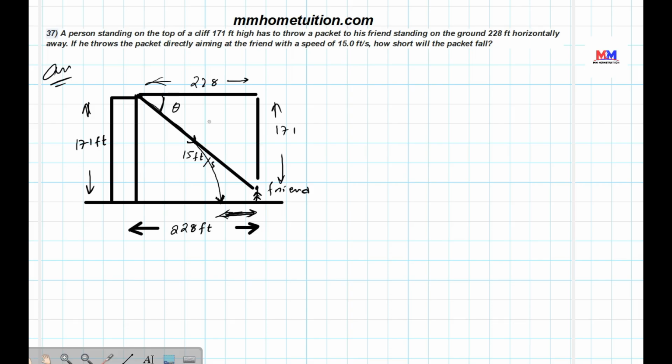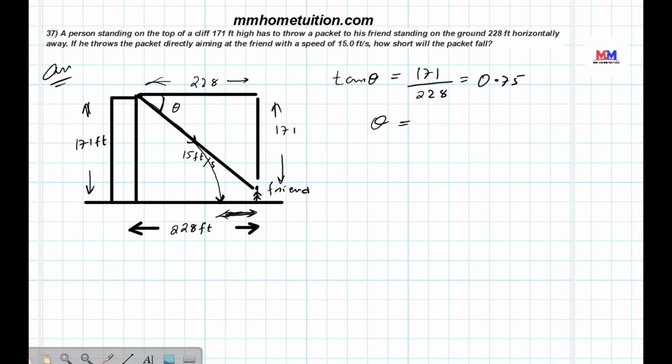So we'll have to calculate angle theta. Tan theta equals P divided by B. So this is 171 divided by 228. 171 divided by 228, that is 0.75.